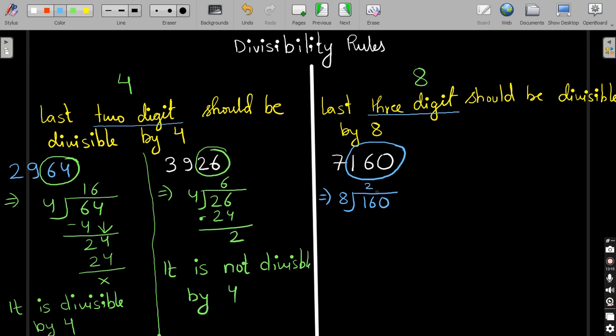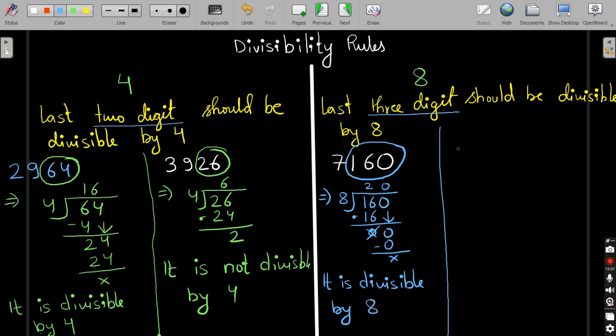So I can write 8 2s are 16, remainder 0. Here I got 0. So 8 0s are 0, remainder nil. So I can say it is divisible by 8.